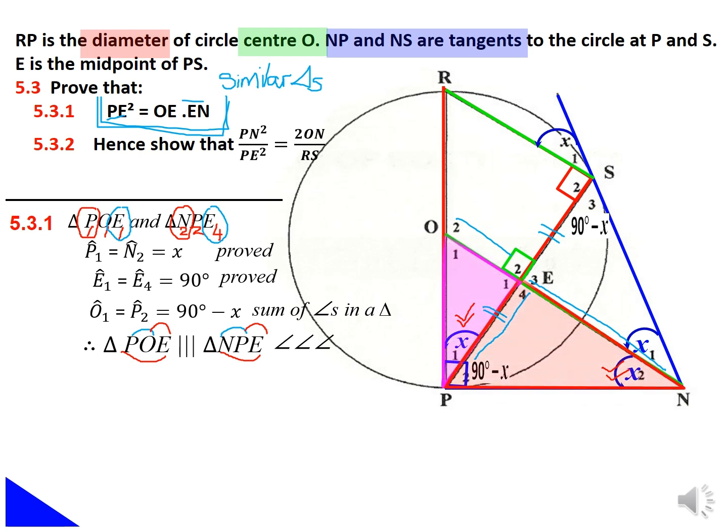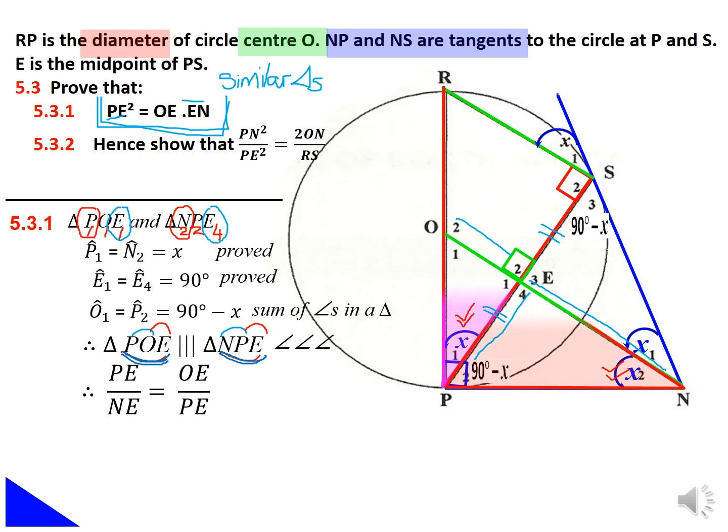Once you get your equivalent fractions, you can work with them to produce the required expression. In our case, we've got PE squared, which means PE multiplied by PE. Therefore, I chose PE, this side from P to E, divided by NE. The position of letters must be the same in each case. So P to E divided by N to E creates one fraction.